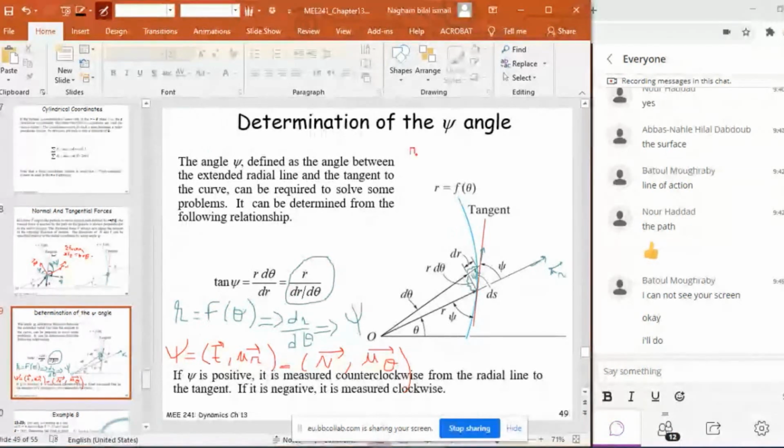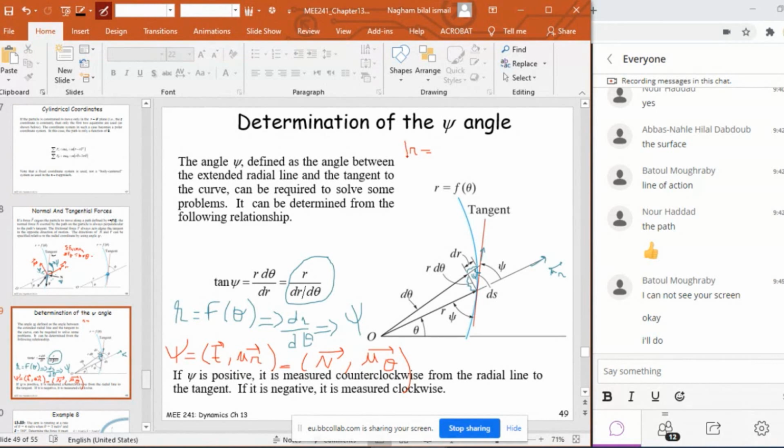In fact, guys, if you don't know r in terms of theta, but you know r in terms of t, of time, make sure, guys, you recognize the difference. R dot is not the derivative of r with respect to theta. R dot is the derivative of r with respect to time, all right? So if I know the derivative of r with respect to time, I can find the derivative of r with respect to theta.